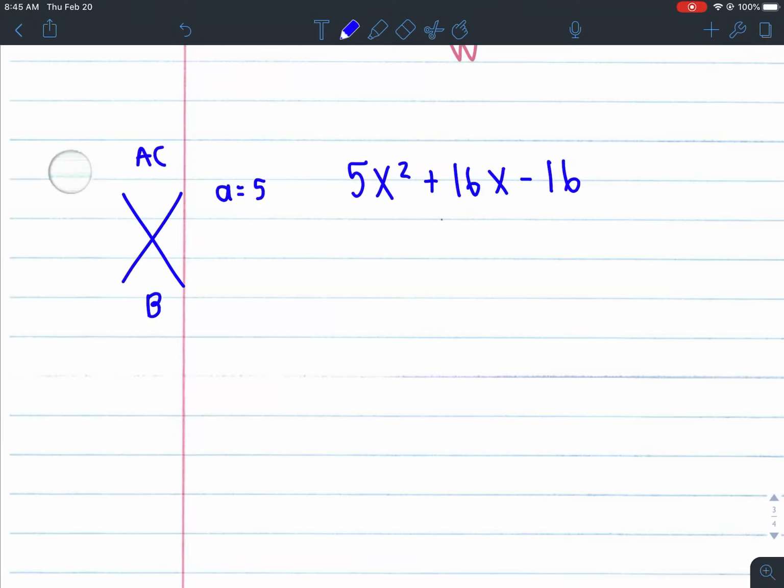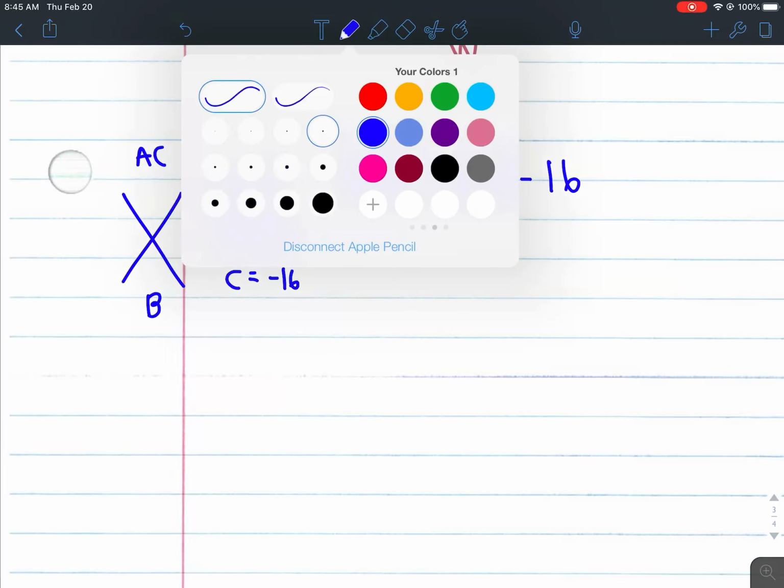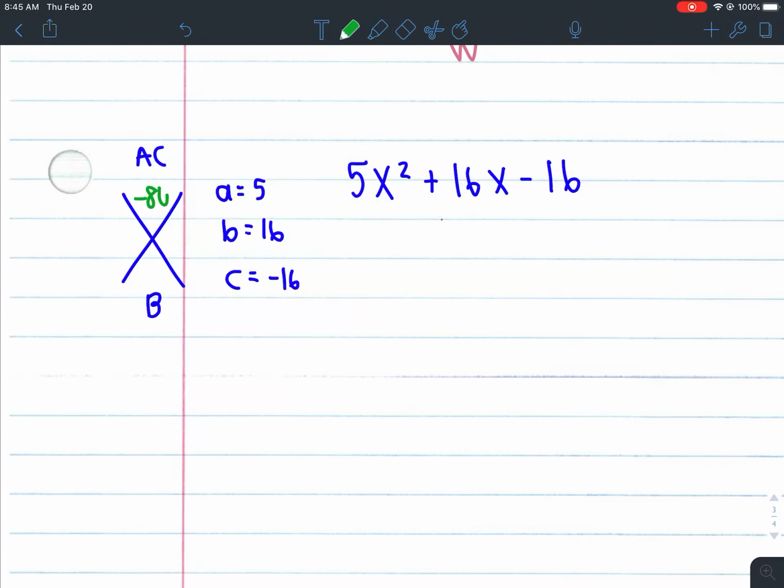A here is 5, B here is 16, and C is negative 16. So AC is going to be negative 80. B is going to be 16.